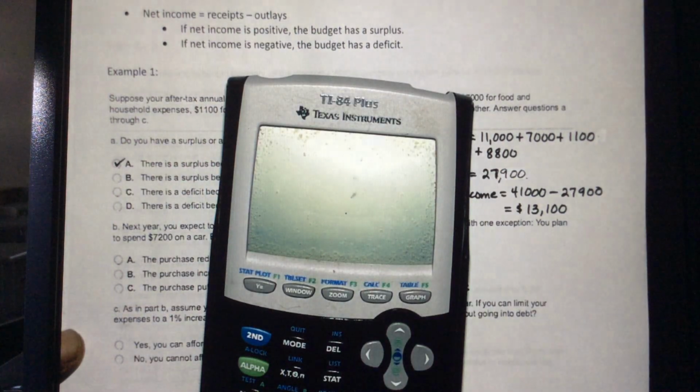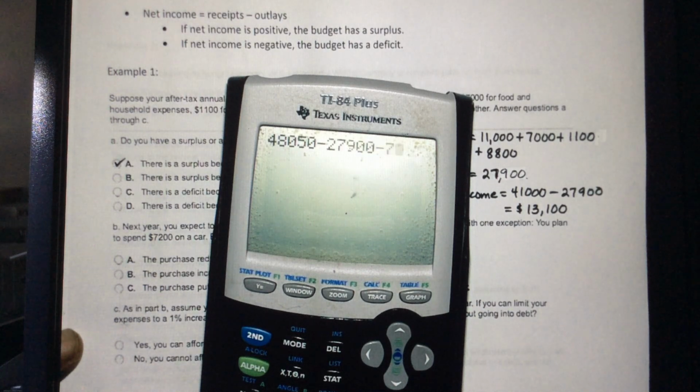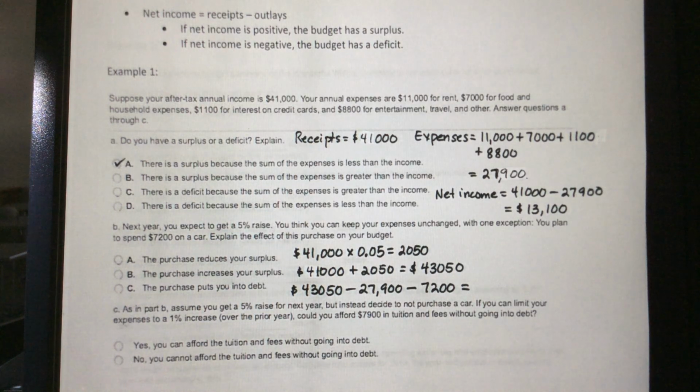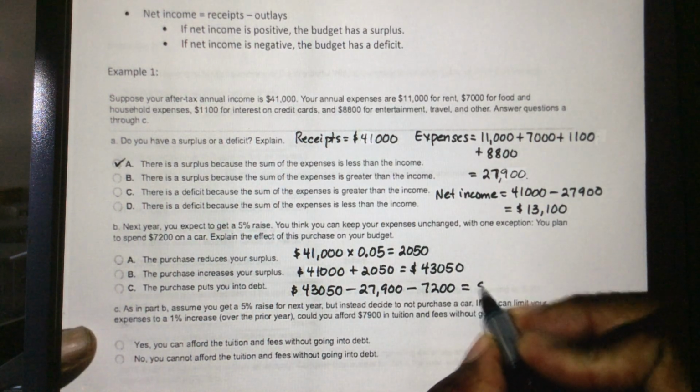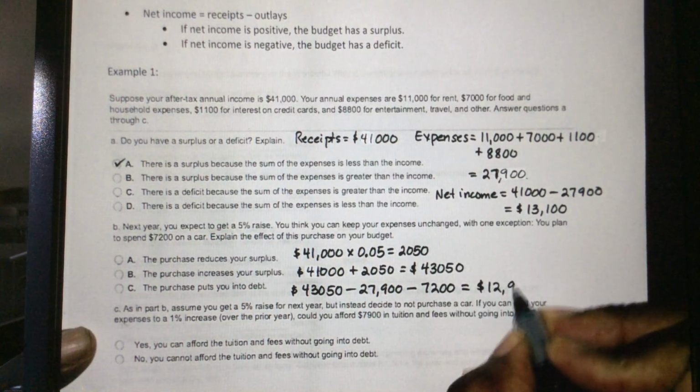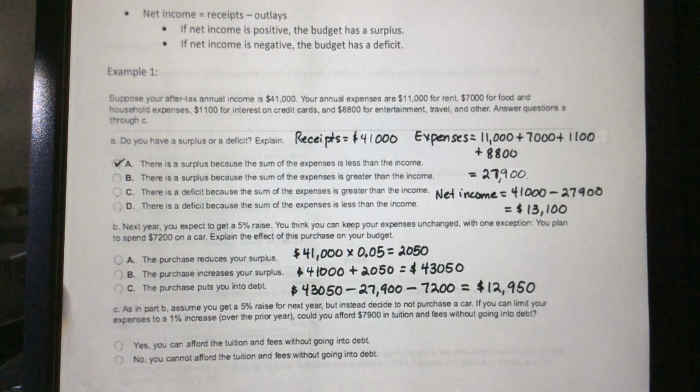so here we do $43,050 minus $27,900 minus $7,200, we'll get $12,950, which is still a positive net income.